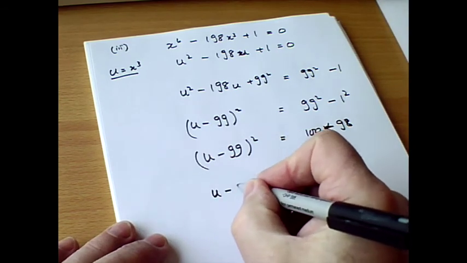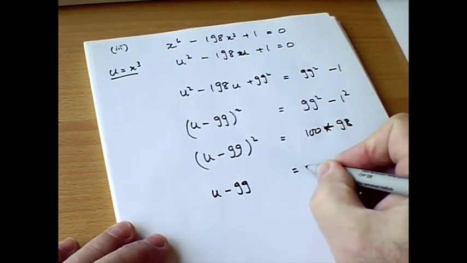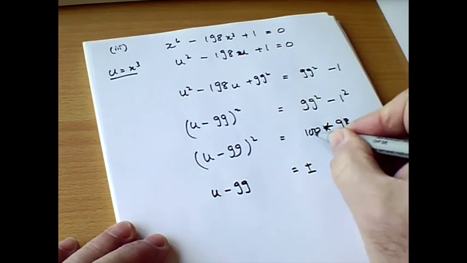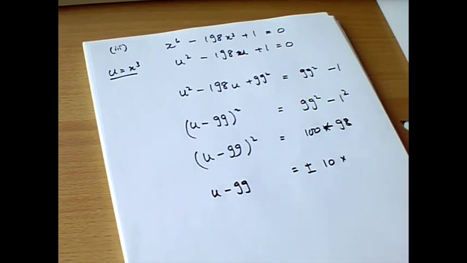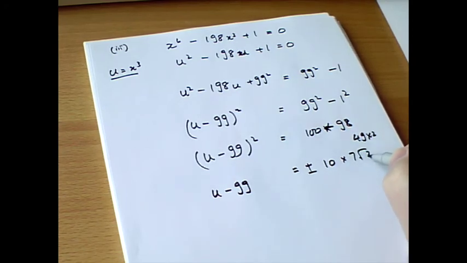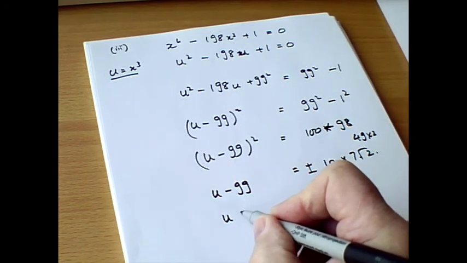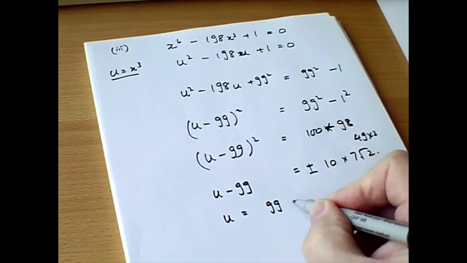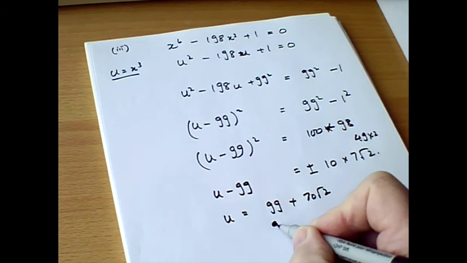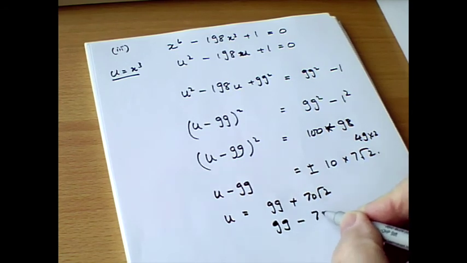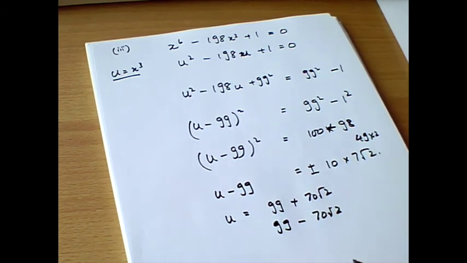This means that u minus 99 will be plus or minus the square root of 100 times the square root of 98. And the square root of 98 is the square root of 49 times 2. And u will be equal to 99 plus 70 root 2, or 99 minus 70 root 2.